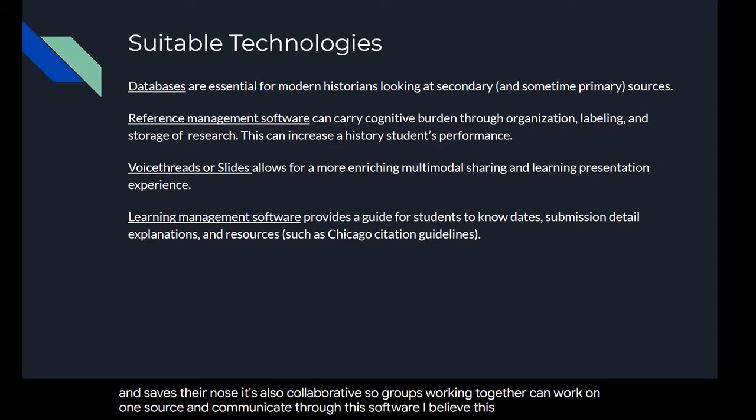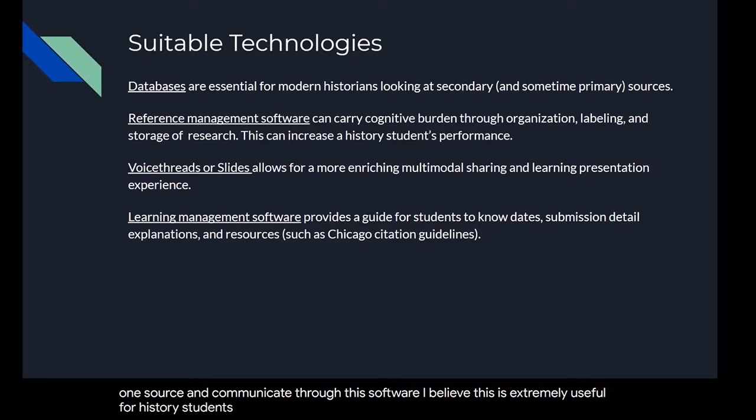I believe this is extremely useful for history students who are dealing with multiple sources and perspectives and arguments, and it helps them stay organized and they can reflect back on their work.